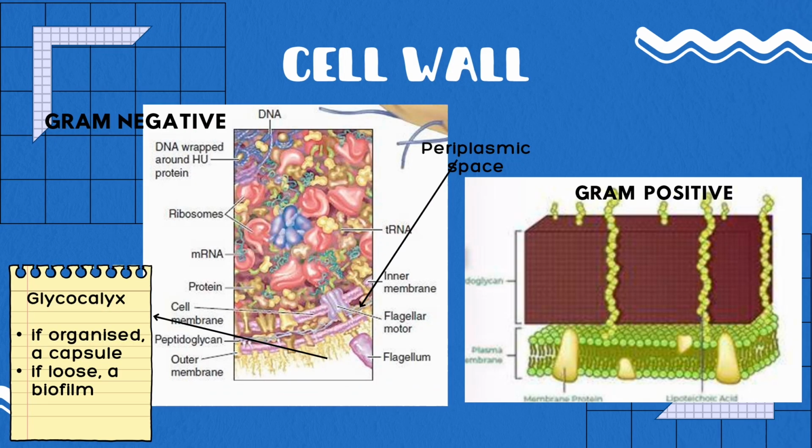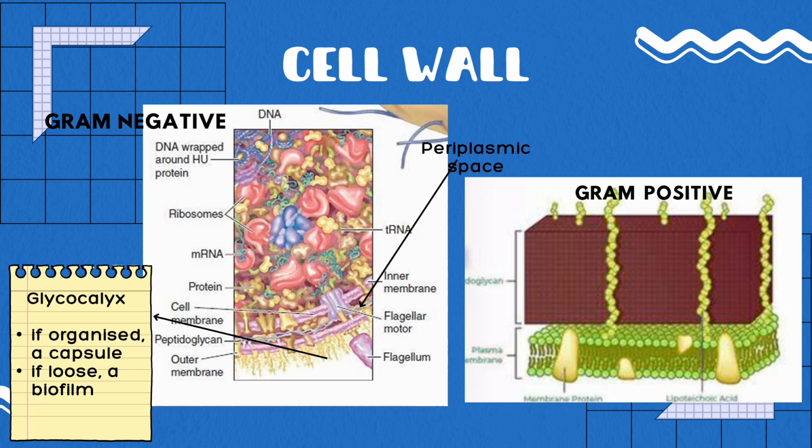This diagram is just another illustration. A very important detail is the glycocalyx, which quite literally means sugar coating. This glycocalyx serves 2 functions in bacteria. If it is organized, we call it a capsule, and capsules are a huge physiological advantage for the bacteria because they help them evade phagocytosis.